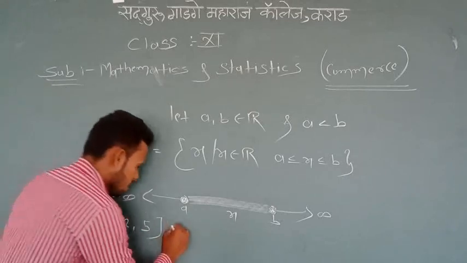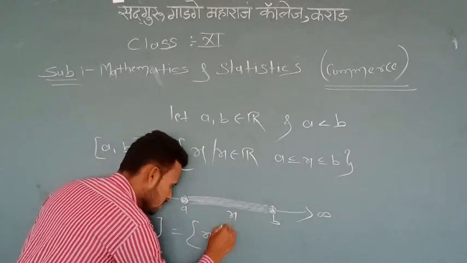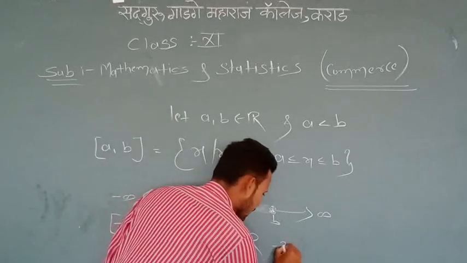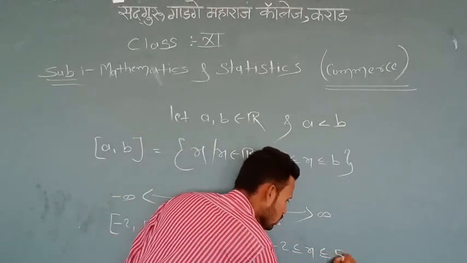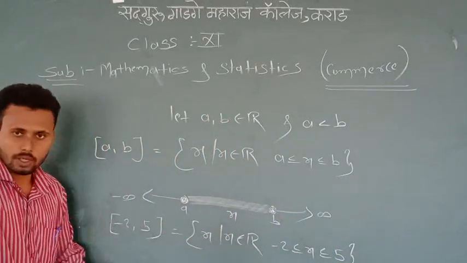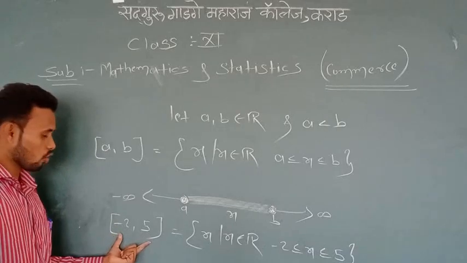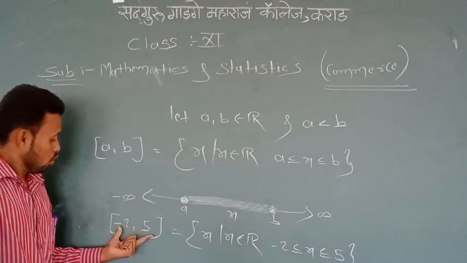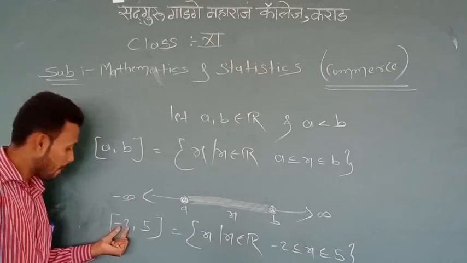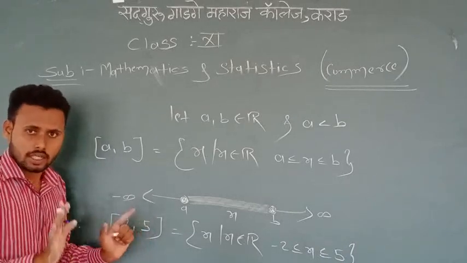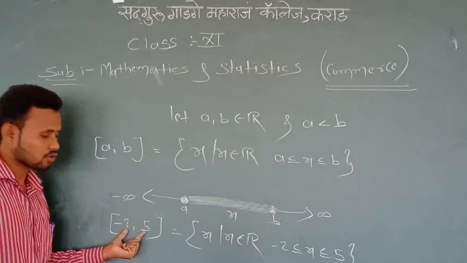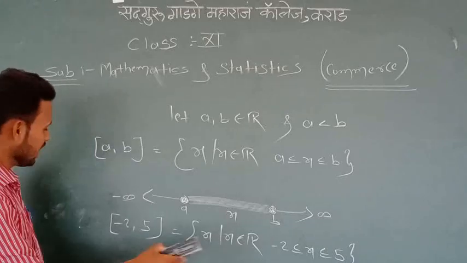Therefore the set contains all those real numbers which lie between minus 2 less or equal x less or equal 5. Minus 2 less or equal x less or equal 5 means in that closed interval minus 2 to 5, which real numbers will come? Minus 2 and 5, these two will come, and all the numbers which lie between minus 2 and 5.